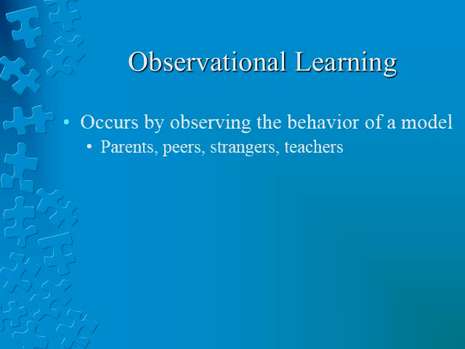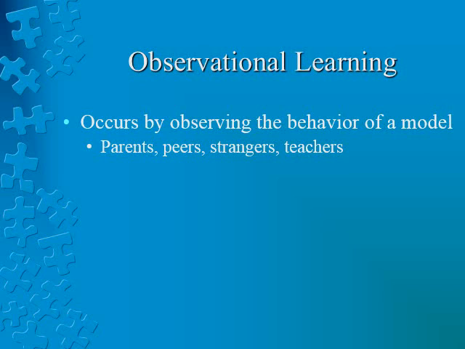When it comes to observational learning, we're taking a look at a situation where by observing the behavior of a model, we learn something. Now, we're not engaging in the behavior directly. We are not being rewarded. We're not being punished. We're not having anything act on our nervous system.